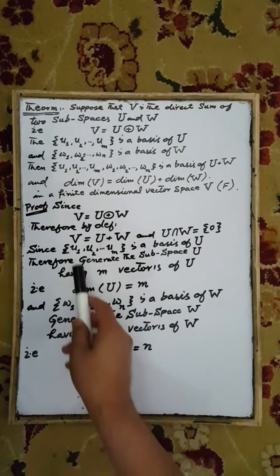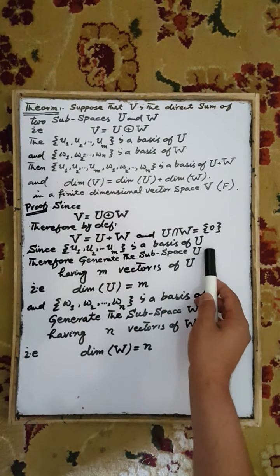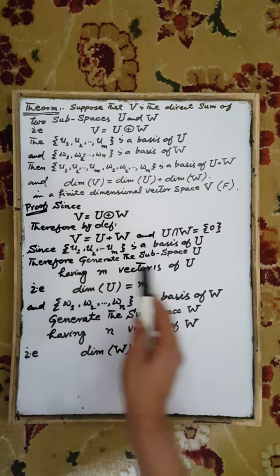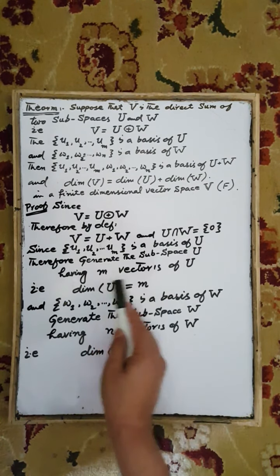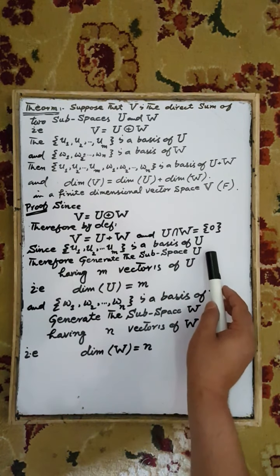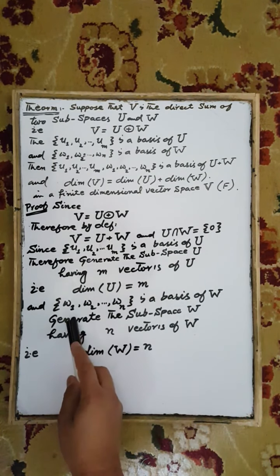Since the set U1 up to Um is a basis of the subspace U of the vector space V over the field F, therefore this set generates the subspace U, having m elements, that is, the dimension of the subspace U is equal to m.